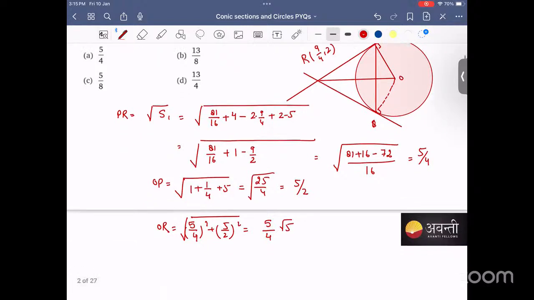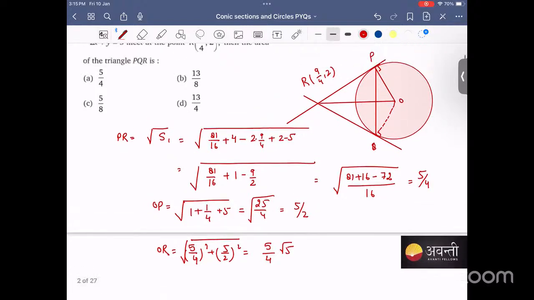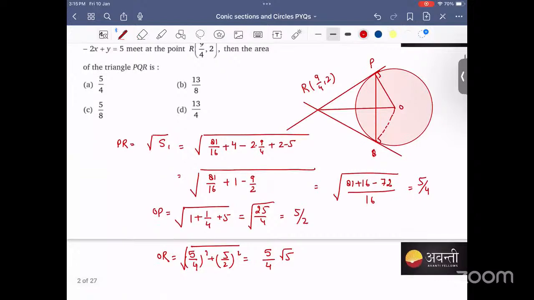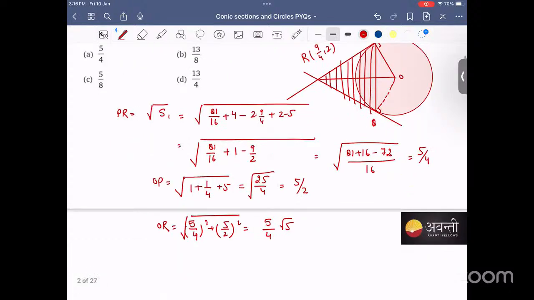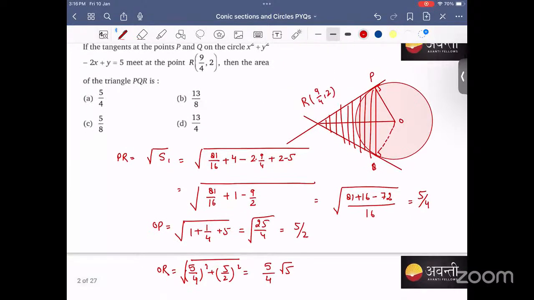Now you have everything in this triangle. What else do I require? I require, if I can get length PQ, then getting the area will be easy. You want the area of this triangle. We want the area of this triangle. Fine.